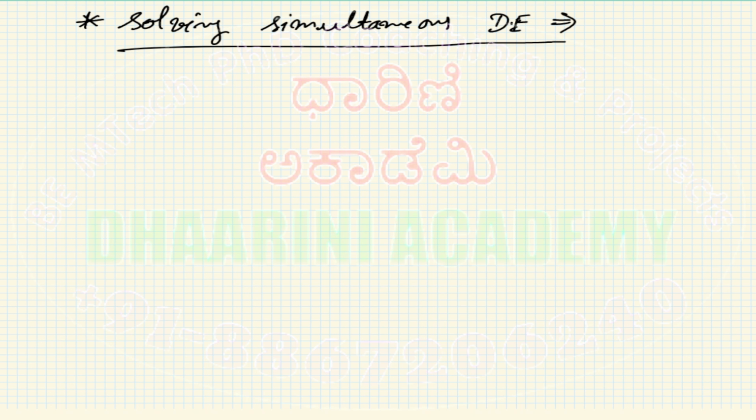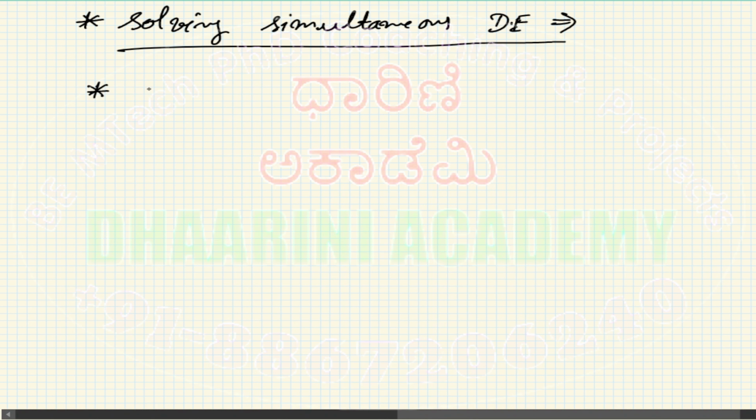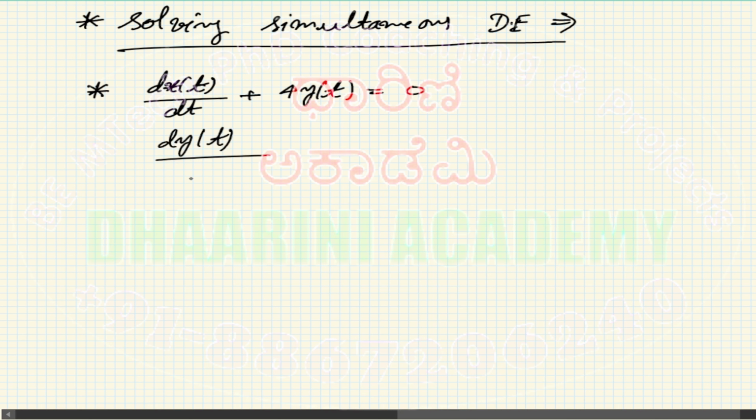So problem number one is this one: dx of t by dt plus 4 times y of t is equal to 0. dy of t by dt minus 9 times x of t is equal to 0.